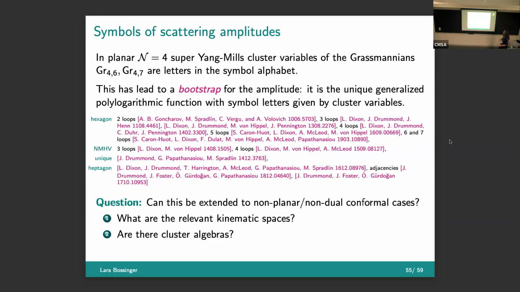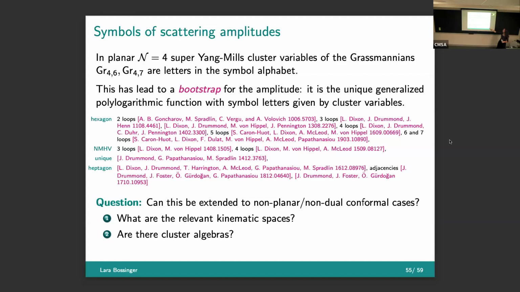If you want to bootstrap the amplitude, you guess what the symbol alphabet is. You think of the amplitude as a polylogarithmic function on the kinematic space, in this case the Grassmannian. And then you search the space for functions that have the corresponding symbol letters given by cluster variables. Rough idea. Physicists, don't take me too seriously and correct me if I say something that is far too simplified.